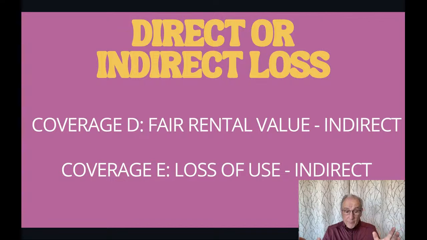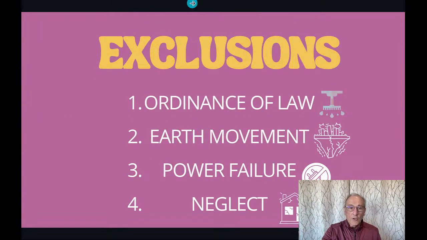It's listed under property because look at what coverage A is. It's the dwelling, it's property. A, B, and C are all stuff. D and E is money, loss of income. So we call that an indirect loss. I feel it's very important that you guys know what A, B, C, D, and E are on a dwelling policy.